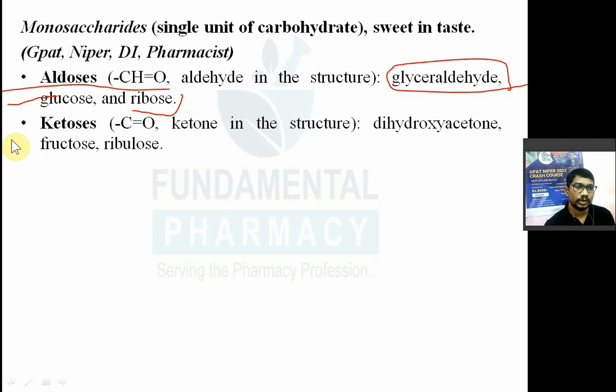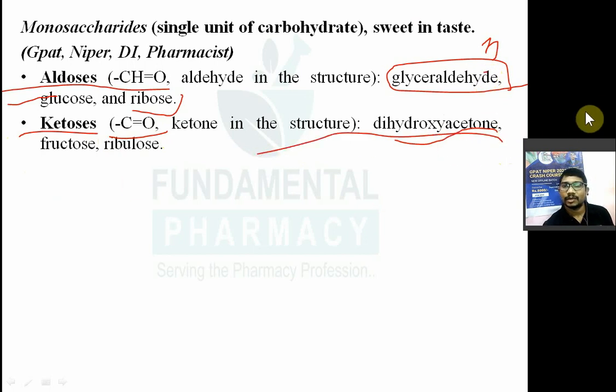Now ketoses means those sugars which have a ketone functional group. For example, dihydroxyacetone, a 3 carbon atom containing sugar. जैसे glyceraldehyde होता है 3 carbon atom containing sugar. So a 3 carbon atom containing sugar with an aldehyde group is known as glyceraldehyde. A 3 carbon atom containing sugar with the ketone group is known as dihydroxyacetone.